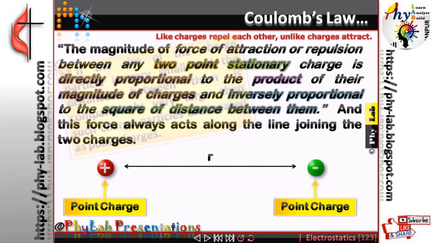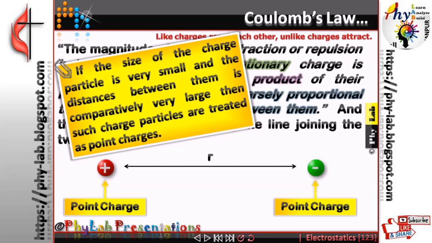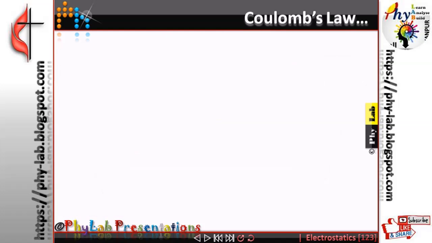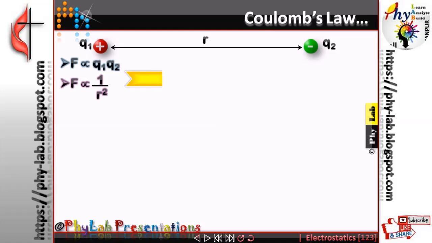Then Coulomb's law says that the force between these two charges will be directly proportional to the magnitude. So we are not interested in the sign or the nature of the two charges. The force is directly proportional to the magnitude of the two charges, and it is inversely proportional to the square of the distance.